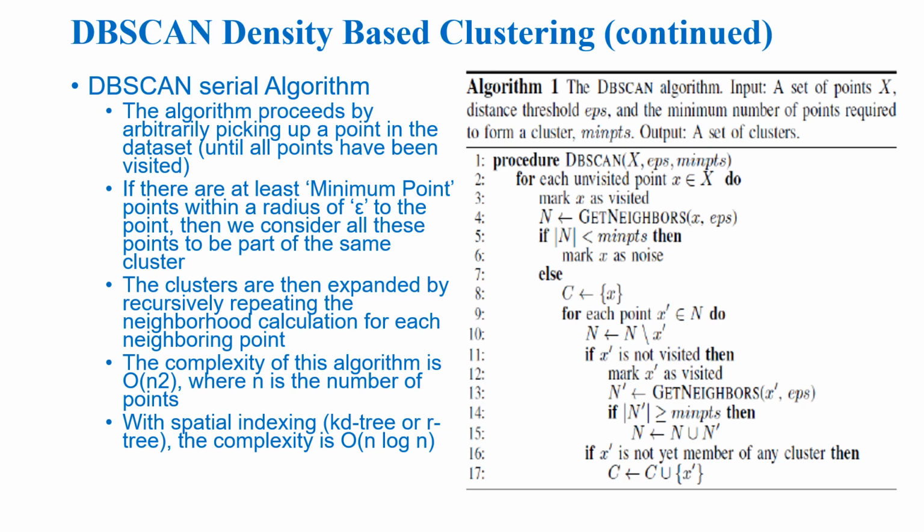The clusters are then expanded by recursively repeating the neighborhood calculation for each neighboring point. The complexity of this algorithm is O(n squared), where n is the number of points, and with spatial indexing the complexity is O(n log n).